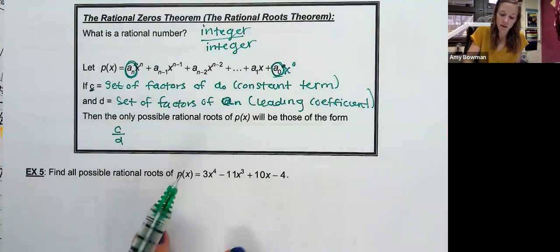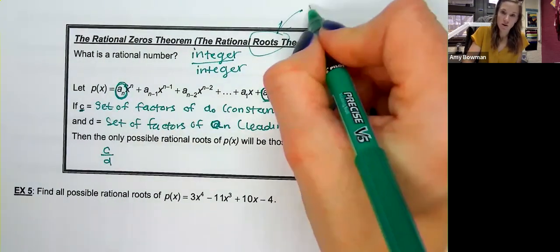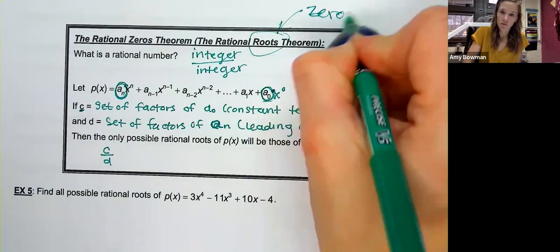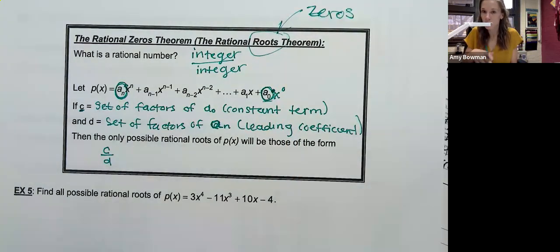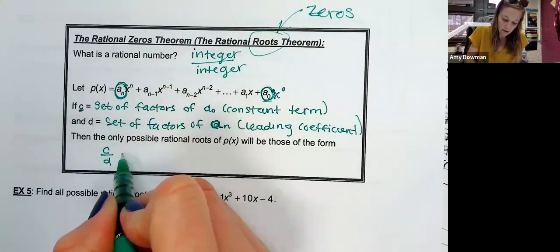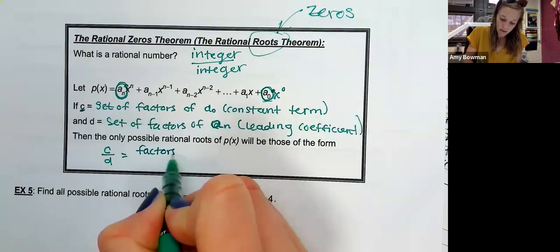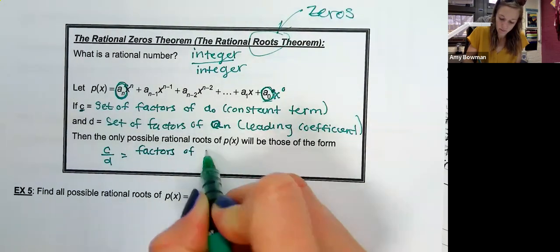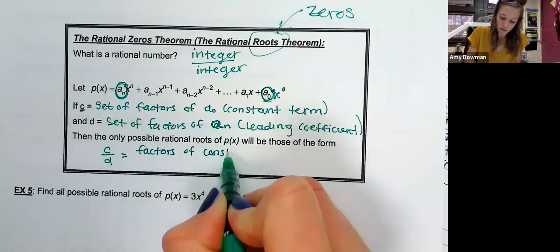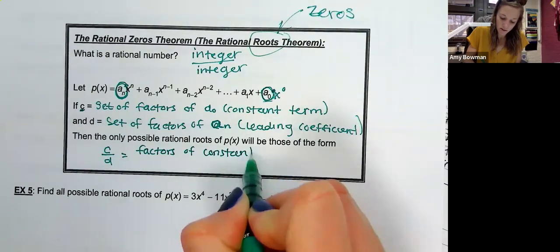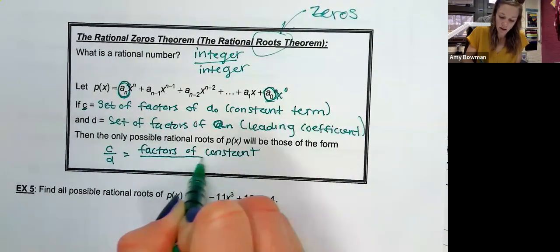I just want to reiterate that roots are zeros, so roots are zeros, zeros are roots, interchangeably. So C, again, factors of the constant. D are all of the numbers that are factors of the leading coefficient.